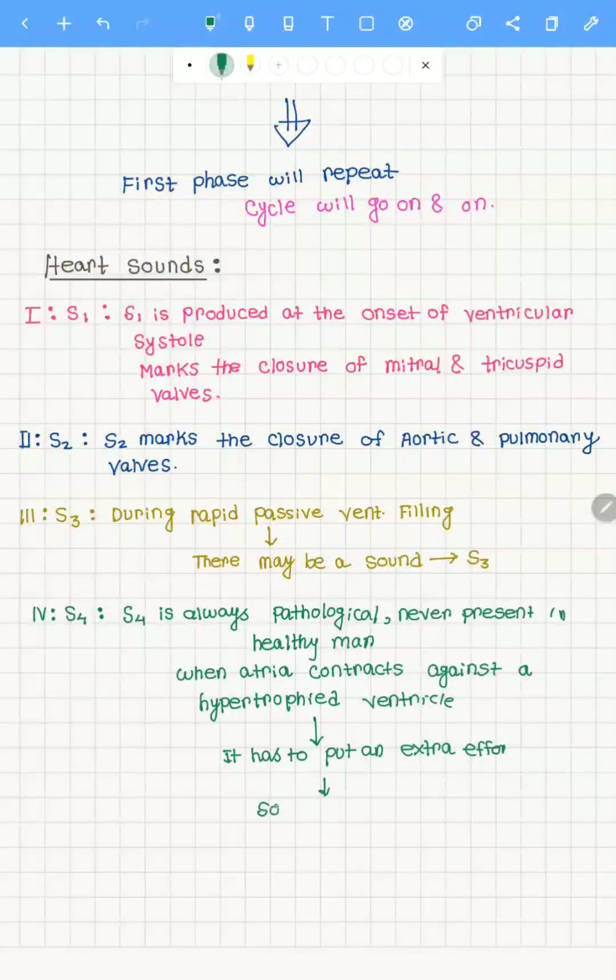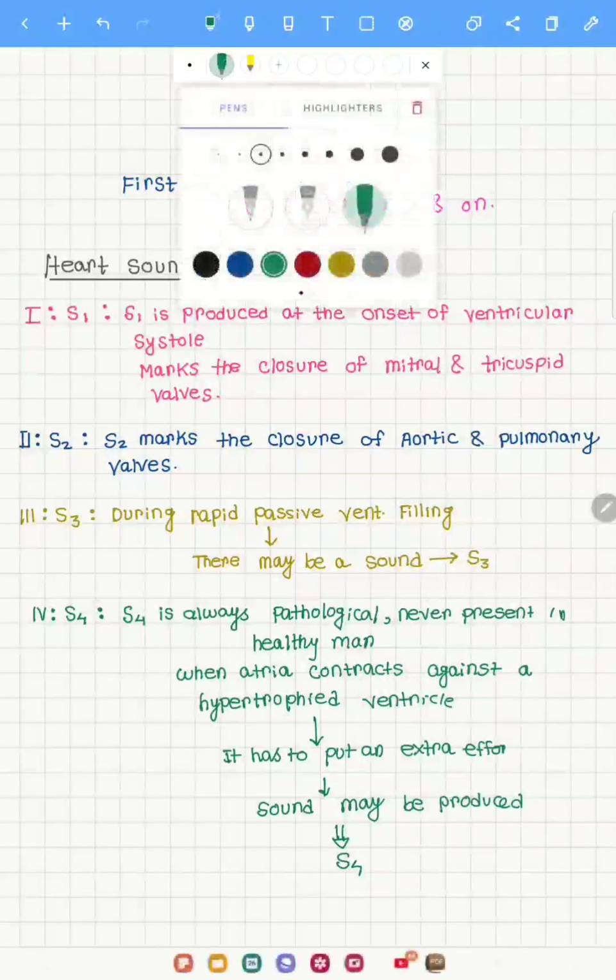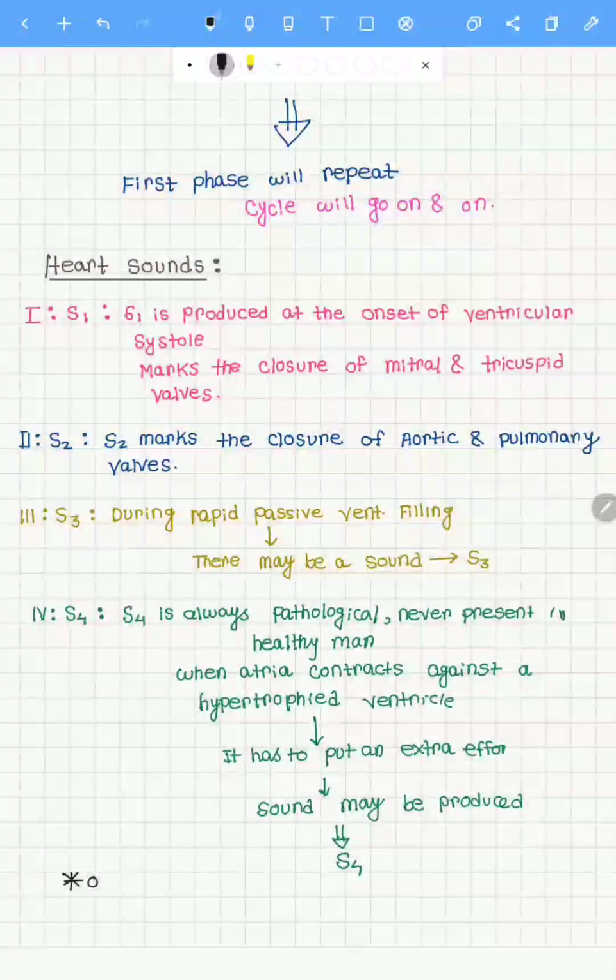A sound wave is produced, that is S4. That is nothing but S4. So we are almost done with the heart sounds. And remember one thing, the opening of the valves never makes any sound. Opening never makes any sound. So let me write that also. Opening of valves.